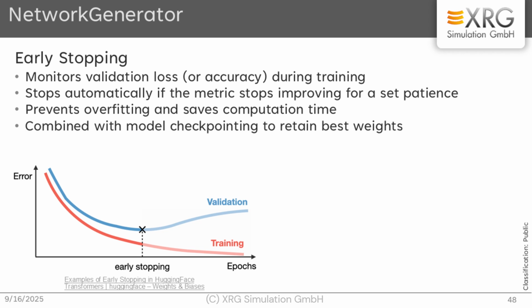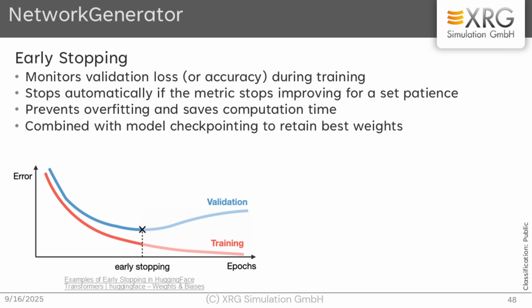So for early stopping, what the network generator does is it splits your training data into training and validation data, and it then tracks how the improvement is. And if your validation data is not improving, but the training data is, because you're learning on your training data, then it automatically stops and you get the best results you have up to this point. So this is quite useful.